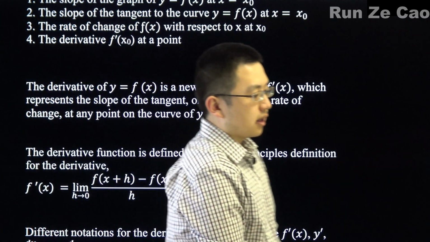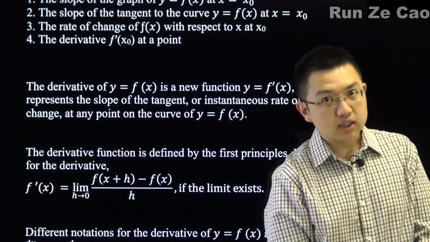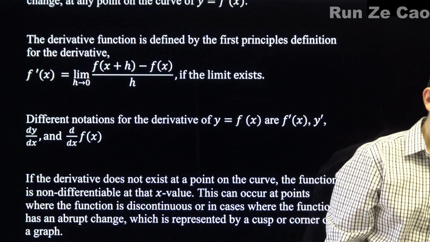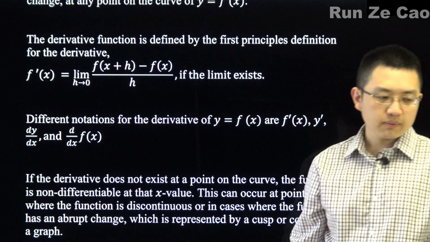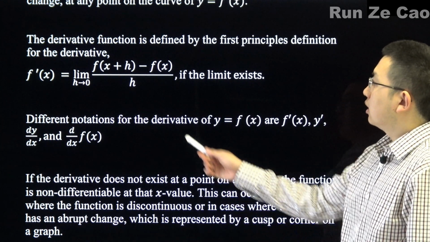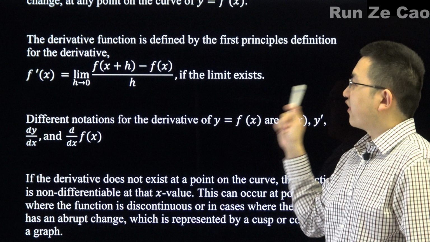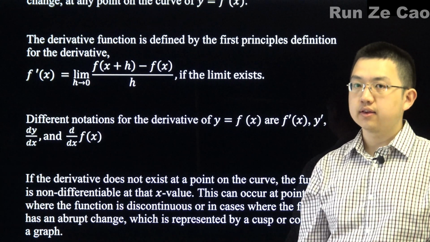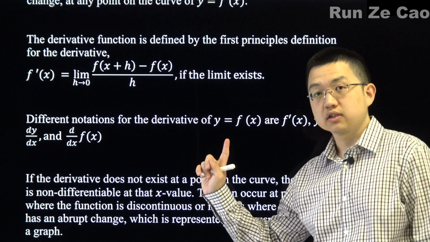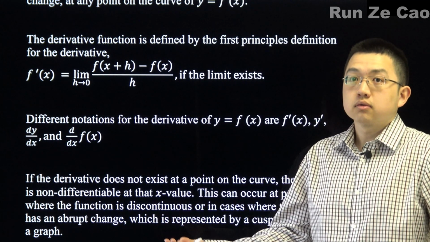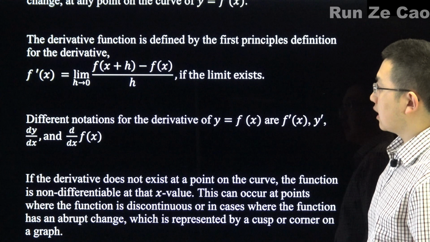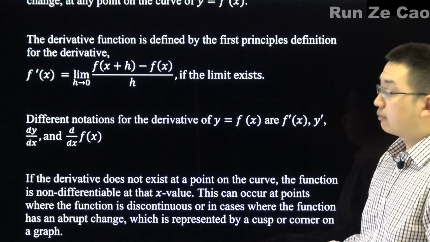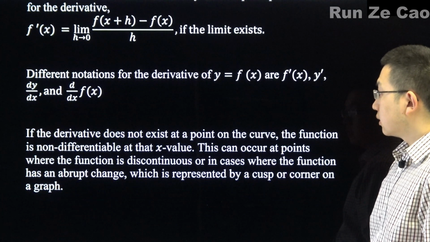So we can also say that this is the instantaneous rate of change at any point on the curve. The derivative function is defined by the first principle's definition, which is this thing, if the limit exists. Because sometimes, such as with the absolute value function we talked about, it doesn't. And thus, it can be non-differentiable at a point or several points.